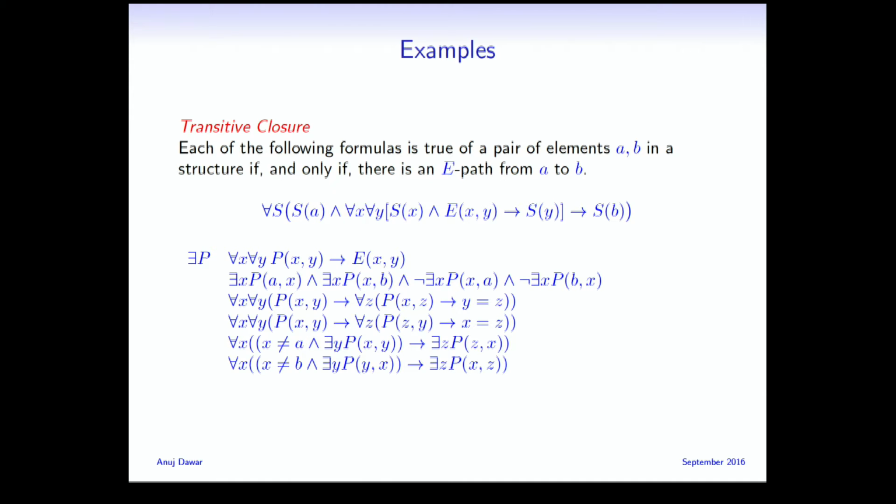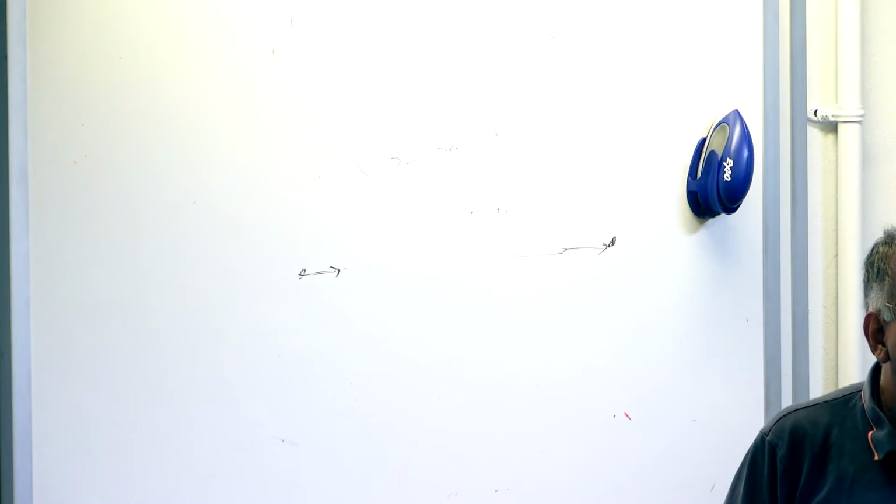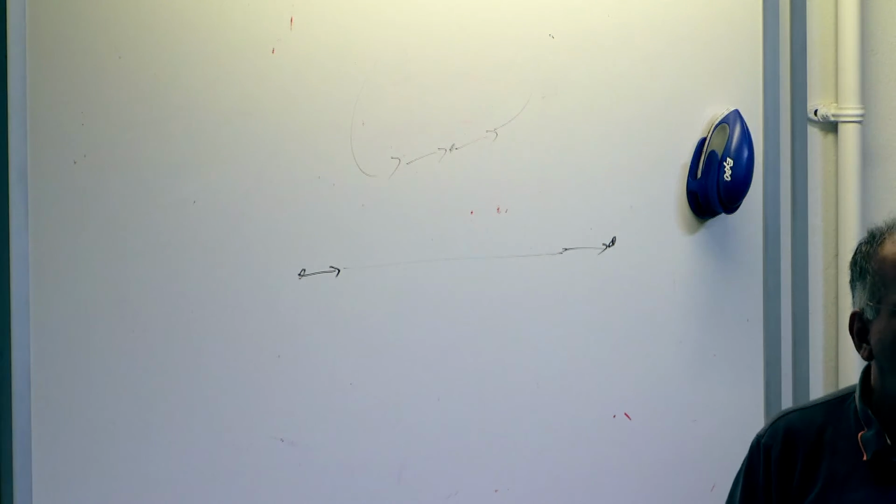The only way you can satisfy all these requirements is if from A you have an outgoing edge, into B you have an incoming edge, and any other point where there's something coming in has to have something going out. So P must be the union of a path from A to B, possibly with some cycles around, which loop everywhere.